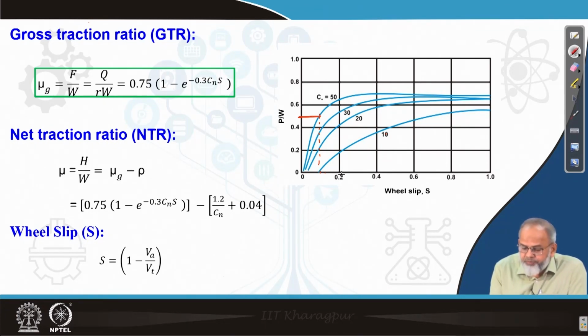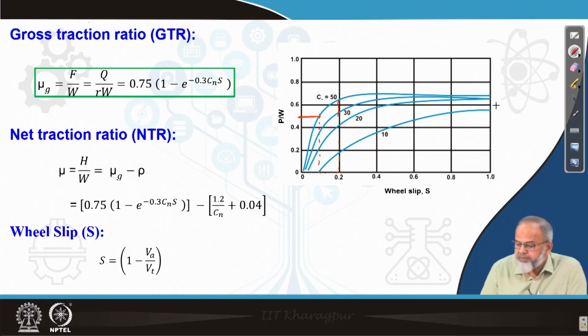Now, when I increase the slip to 20%, you can see this is the case. That means after a certain slip, these values are almost maintaining a constant value. But in the case of wheel numeric 10, it is still increasing beyond say 80%.